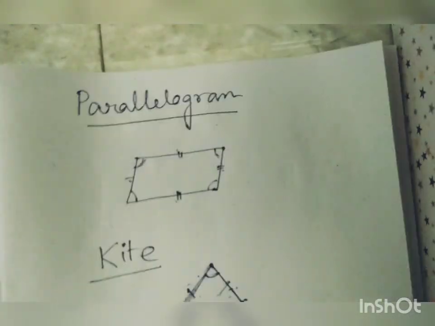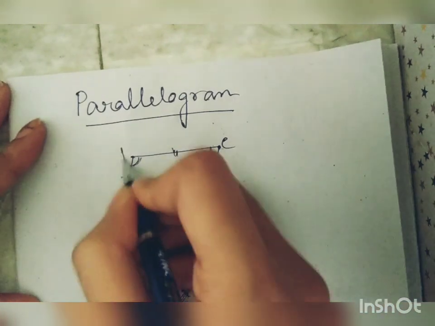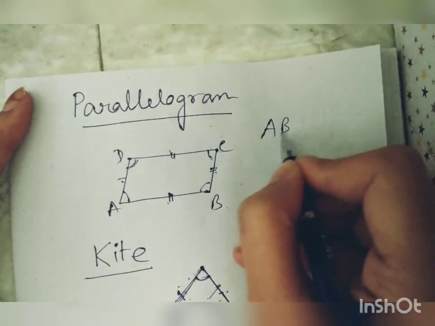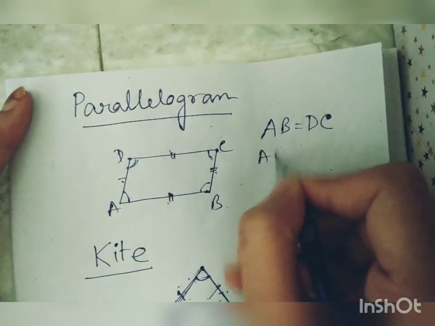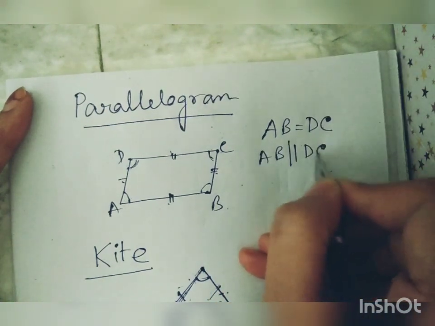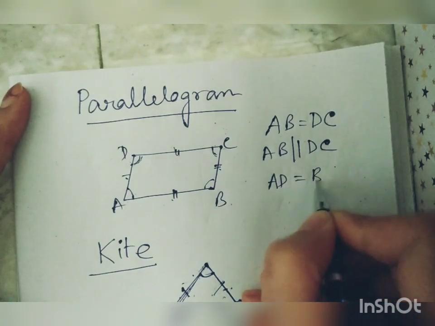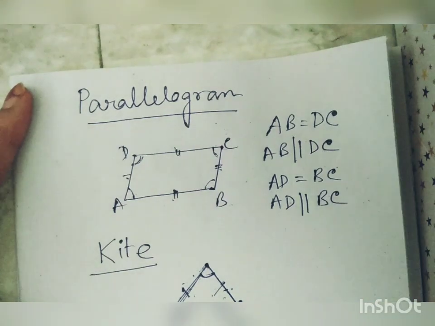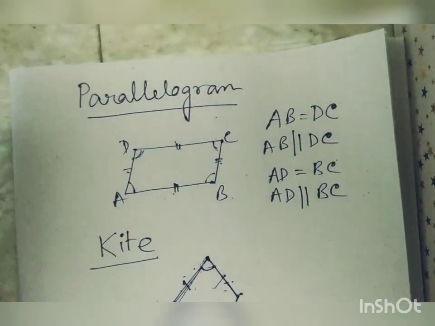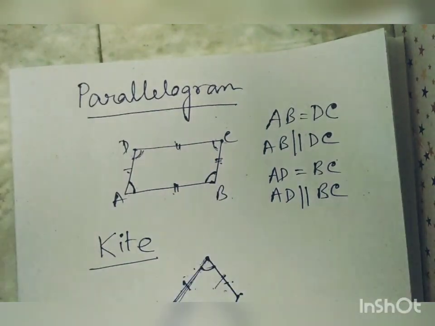Okay, now let's talk about parallelogram. Here also let's give it a name ABCD. Here AB is equal to DC and AB is parallel to DC. Similarly, AD is equal to BC and AD is parallel to BC. But here we cannot say, like in a rectangle, that all the angles will be 90 degrees.